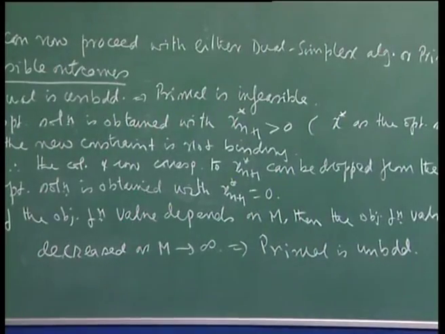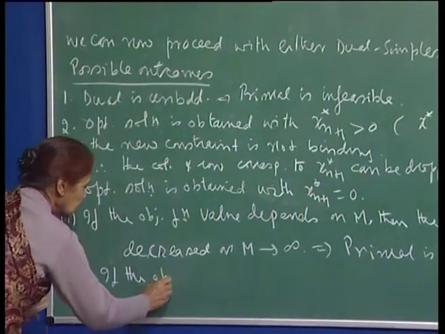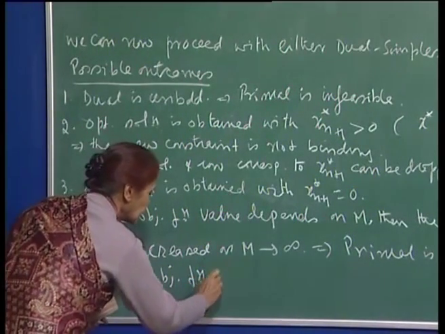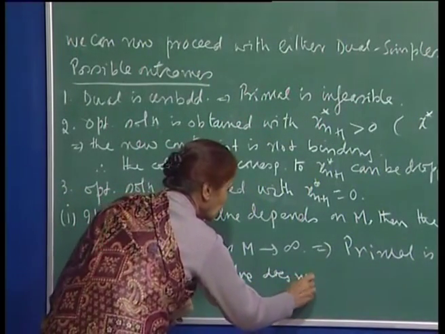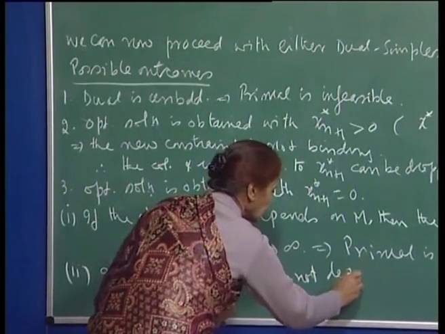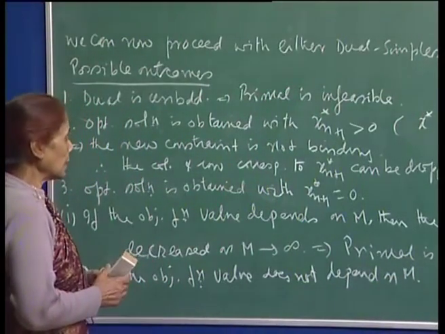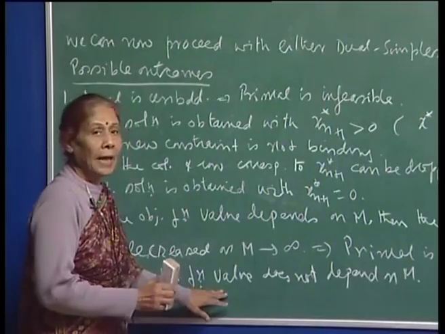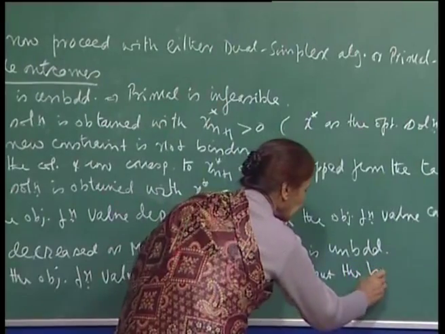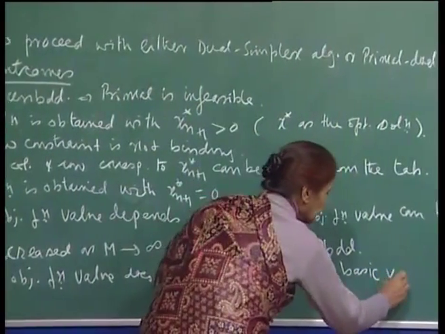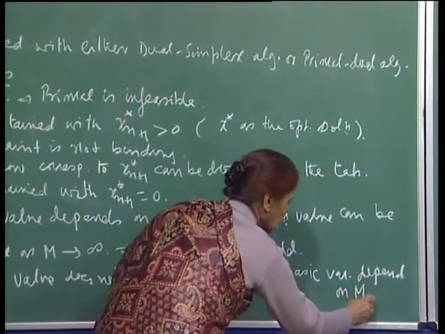And the second case would be that the objective function value does not depend on M. Since the constraint is binding, the objective function value does not depend on M, but the basic variables do. The variables depend on M.